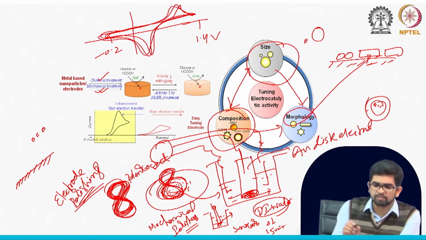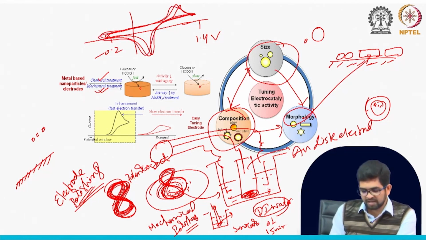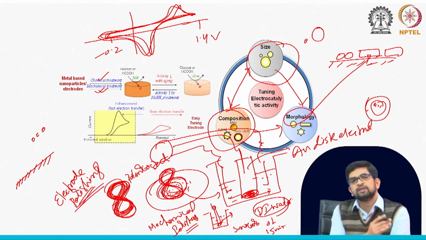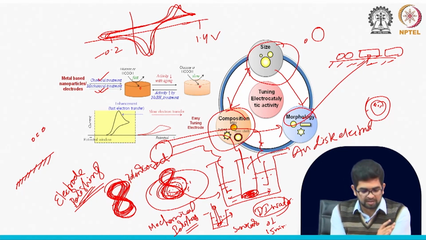So like this way, after the mechanical polishing you can go for electrochemical polishing again. Almost your surface will be clean and this surface will be highly activated compared to your electrode before, that you received from any company or from your vendor.